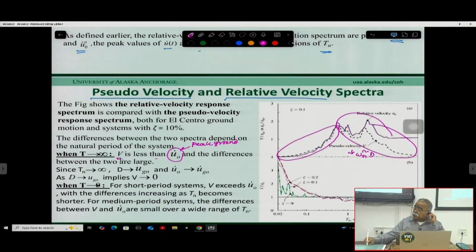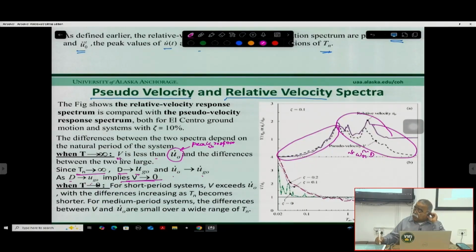This is the peak building or peak velocity response. If D is this one, then the difference between the two is large. Since Tn is infinity, D becomes this one, u0 becomes ug0, and if D is ug0, then V tends to 0.